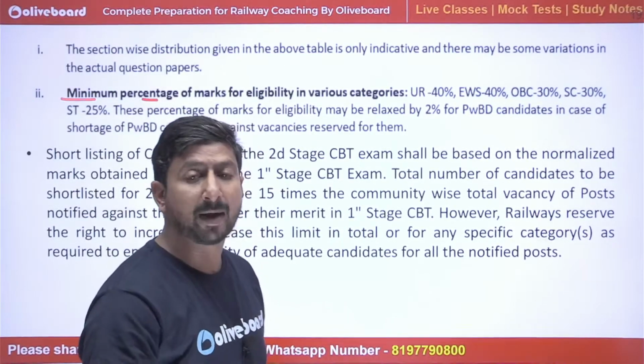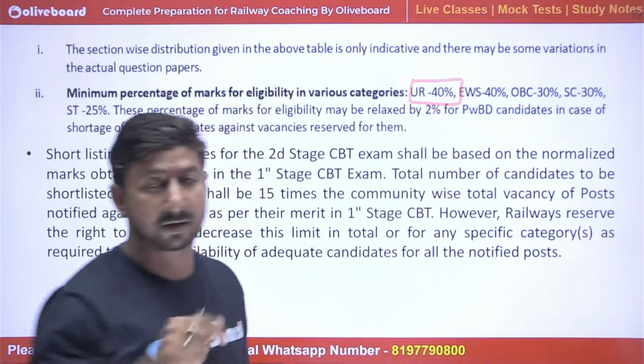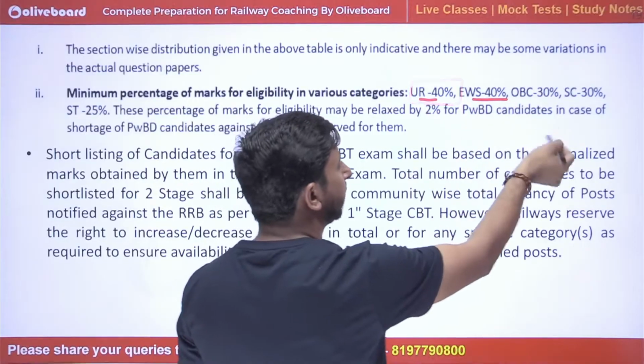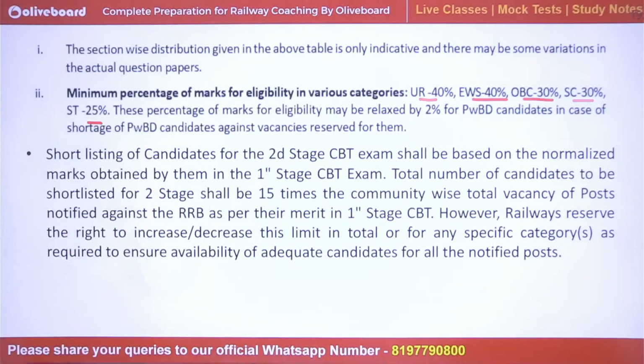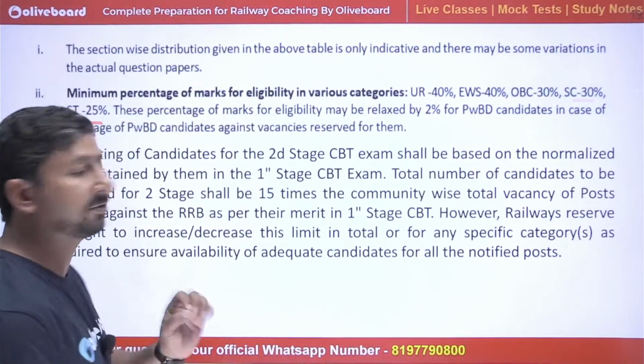The minimum marks required category-wise: for the general category it is 40%, EWS 40%, OBC 30%, SC 30%, ST 25%. This is the minimum percentage marks for the eligibility of the various categories.